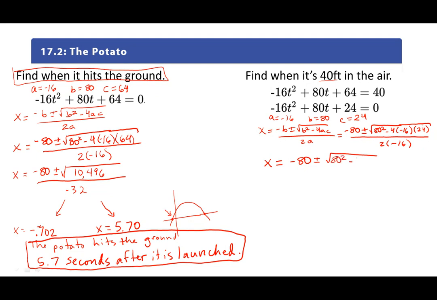80 squared minus 4 times negative 16 times 24 over negative 32.